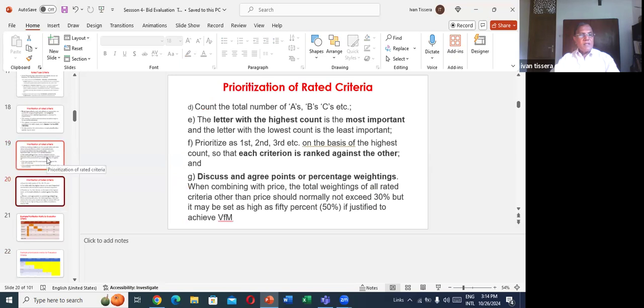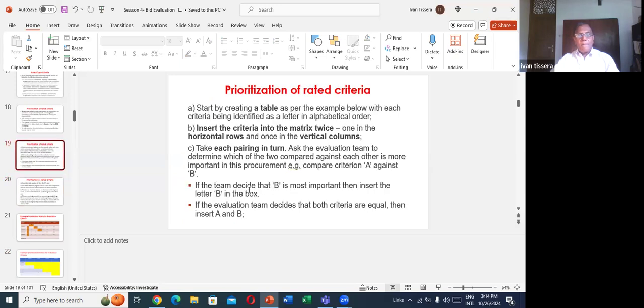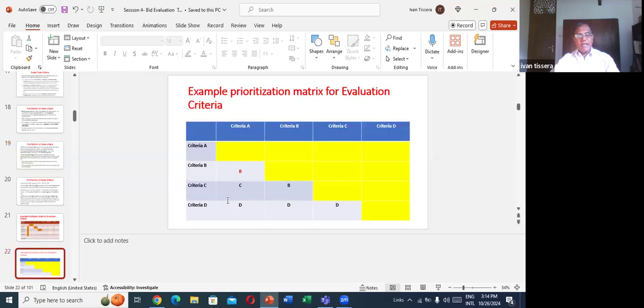If the evaluation team decide that both criteria are equal, then insert A and B both. Here we have no case like that. Supposing when we compare B and C, both are equal, we can say B and C here. Here we have no problem like that, right?